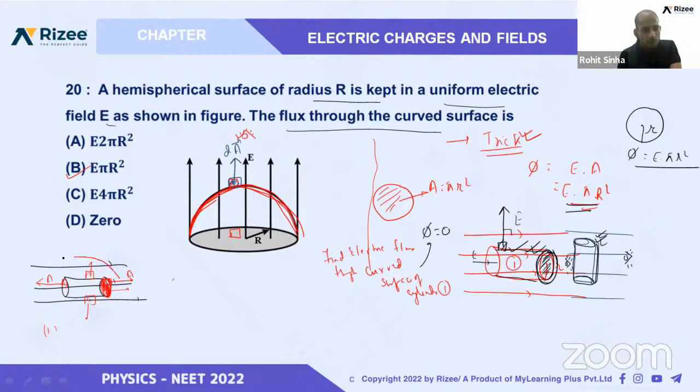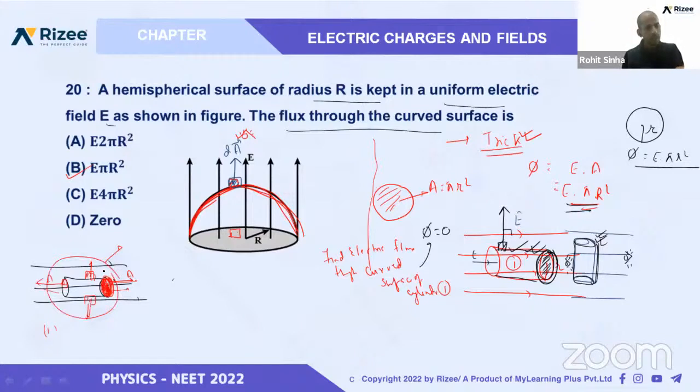If we talk about the total cylinder, it can be 0, because it will be positive here and negative here. That is correct. For the total it will be 0, but I was telling for this face only.